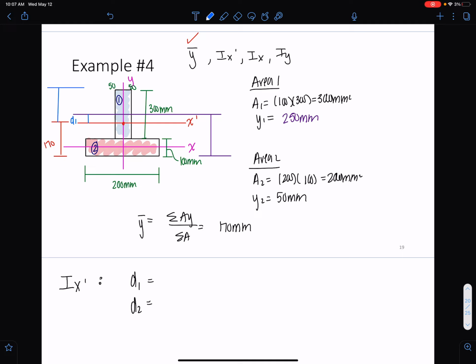So 400 minus 170, I would have 230 here. Okay, and to get that little D1, let's see, we can take half of the shape. So from here to here is 150. So that would be 230 minus 150. And our D1 would be 80.